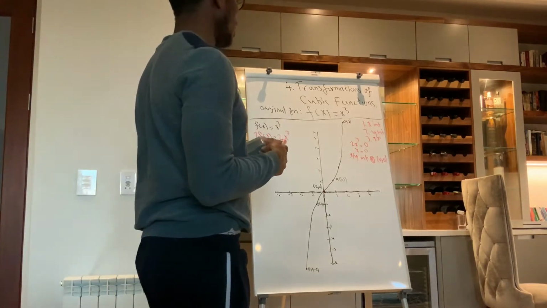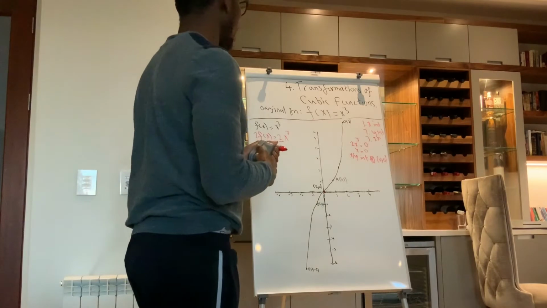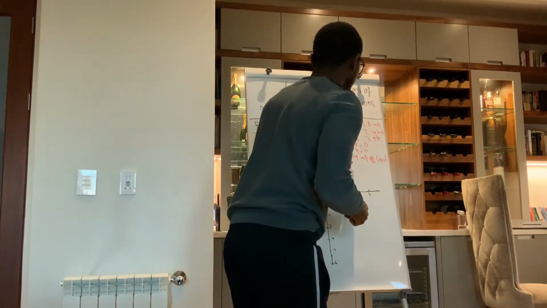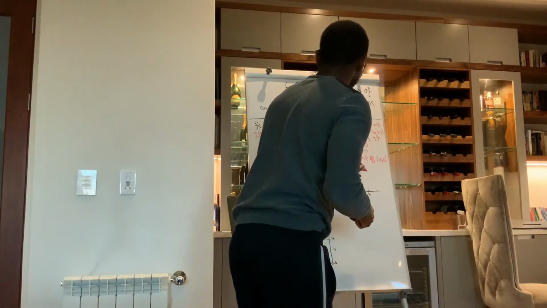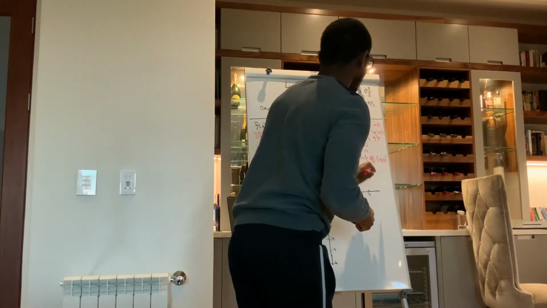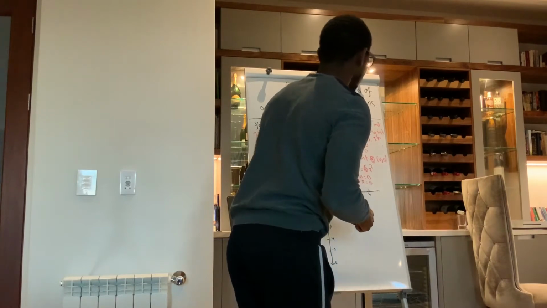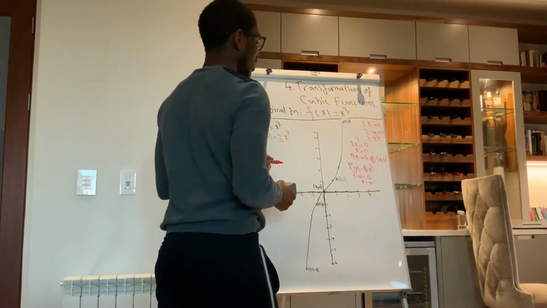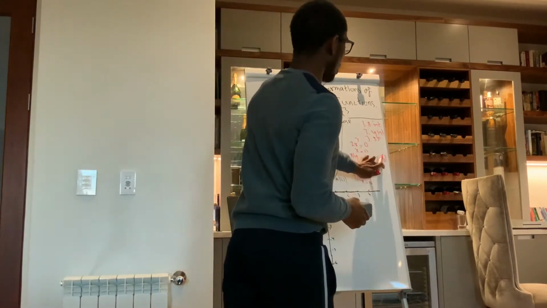The next thing to look at is the stationary point. So again, we find the first derivative of the function. In this case, the first derivative is going to be 6x squared. Set it to 0. 6x squared only equals 0 when x equals 0. Alright? So once again, we see when x equals 0, y is 0.